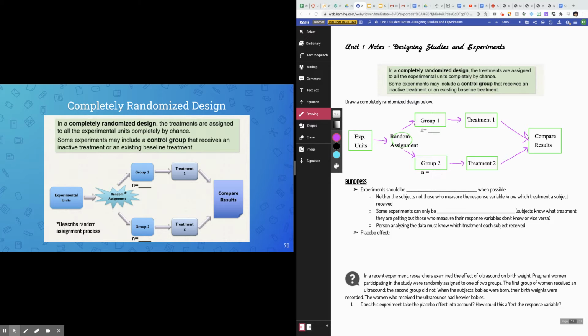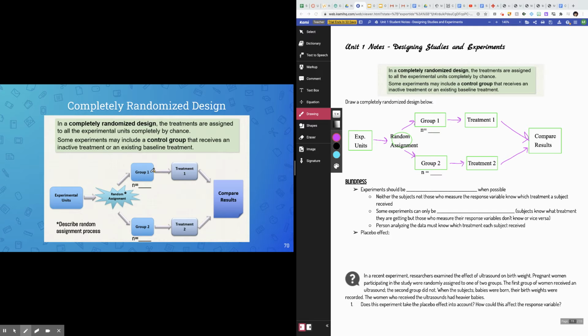Okay, some of these experiments can have a control group that receives what's called an inactive treatment. So I'm not going to draw it on the right-hand side because it took me a little while to draw that. I can freehand it a little bit better here on the left-hand side.